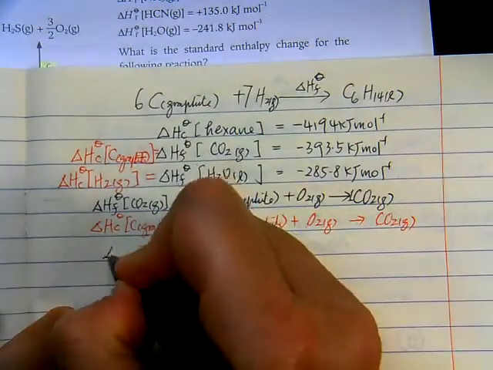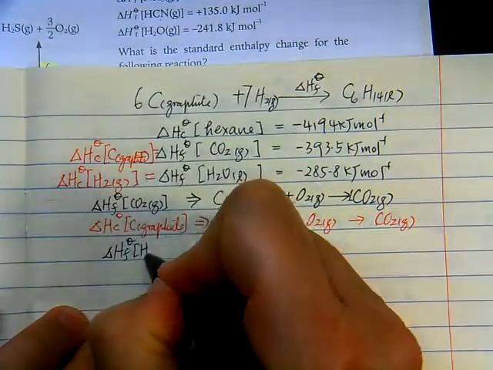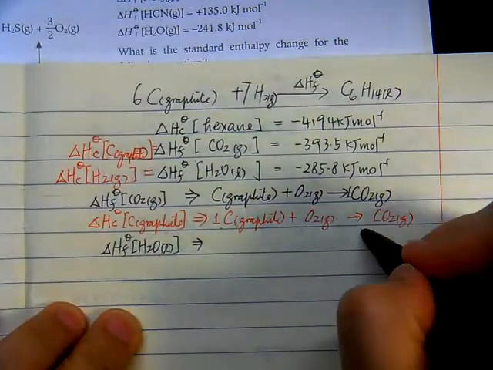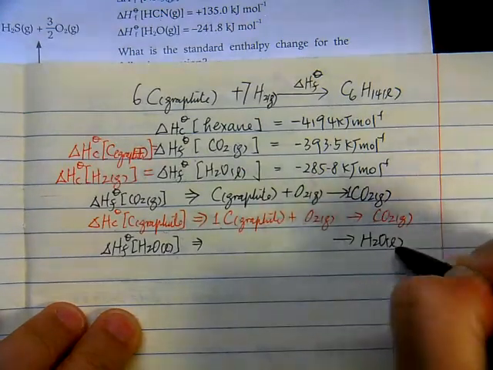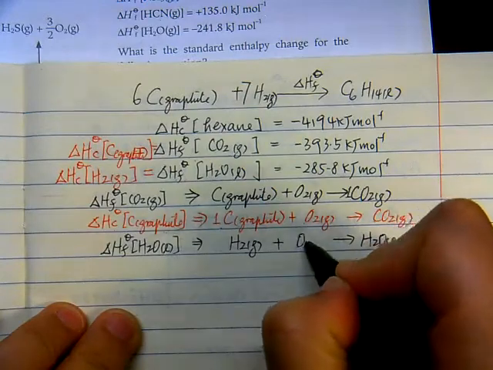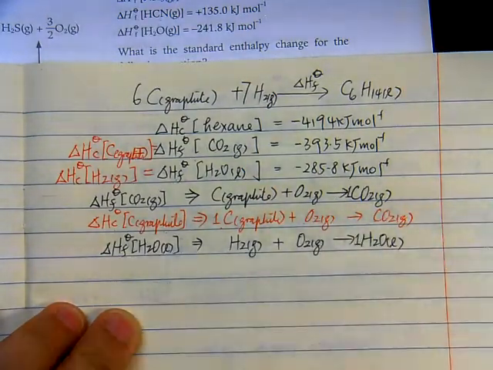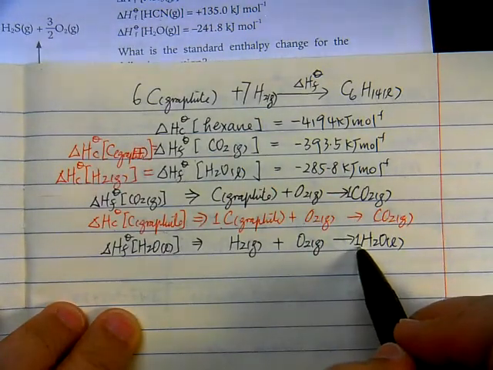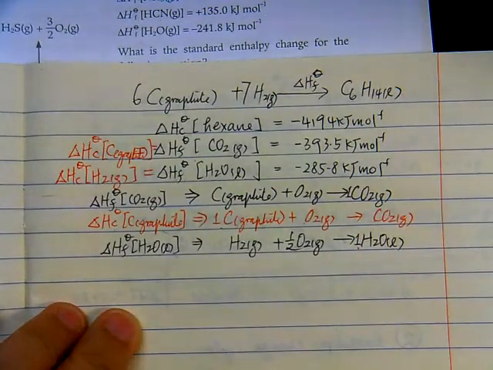Similarly, for standard enthalpy change of formation of water, it is the enthalpy change when 1 mole of water is formed from its elements. Its elements are O2 and H2. Keep this coefficient as 1 because the definition requires this as 1. So we need to put half before O2.